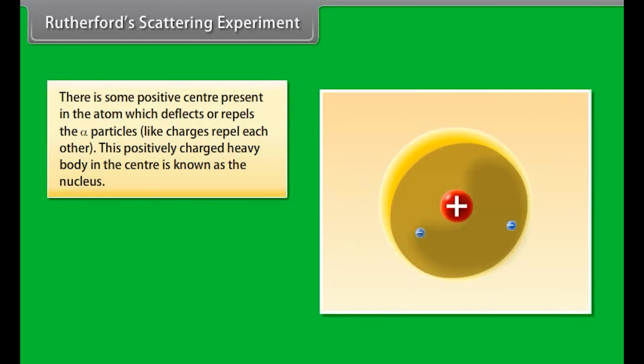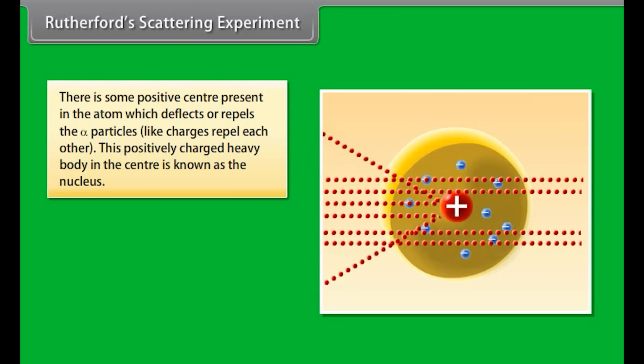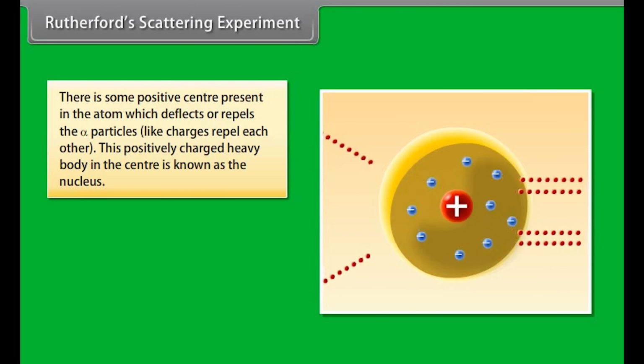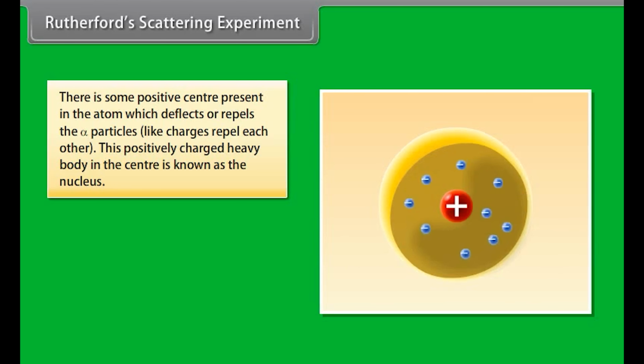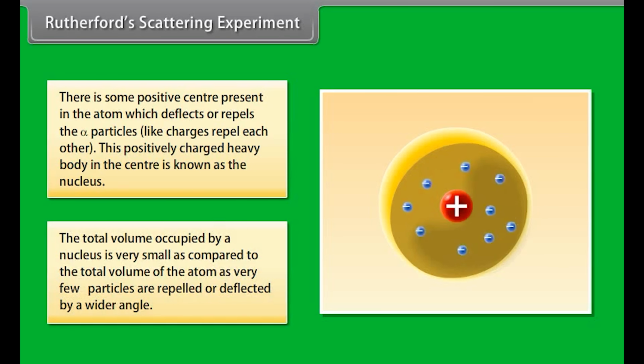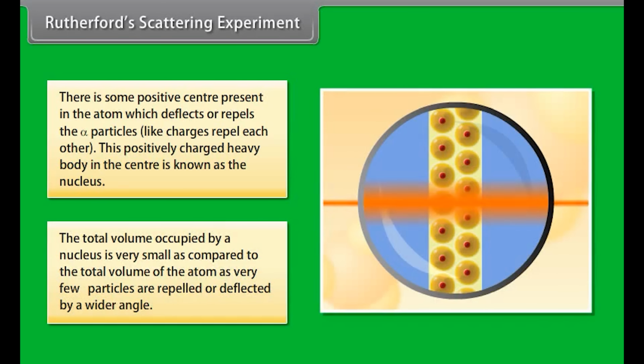There is some positive center present in the atom which deflects or repels the particles, like charges repel each other. This positively charged heavy body in the center is known as the nucleus. 3. The total volume occupied by a nucleus is very small as compared to the total volume of the atom, as very few particles are repelled or deflected by a wider angle.